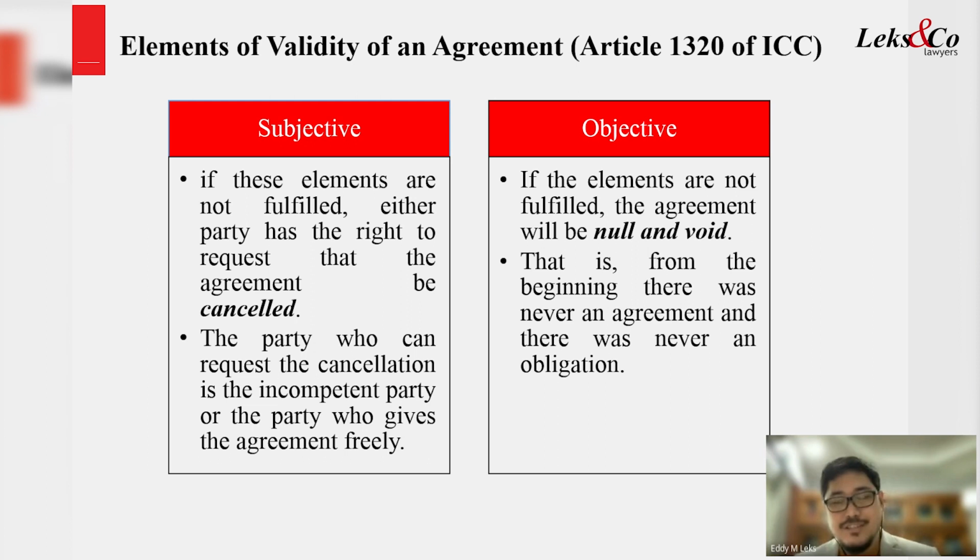And again, what is interesting is 1456 actually. Tuntutan untuk pernyataan batal gugur jika orang belum dewasa, orang yang ditaruh di bawah pengampuan, perempuan yang bersuami yang bertindak tanpa bantuan suaminya, this is not relevant anymore.